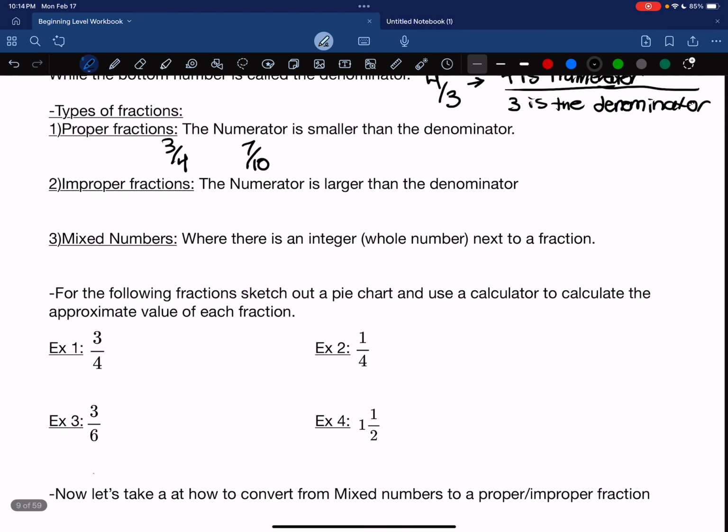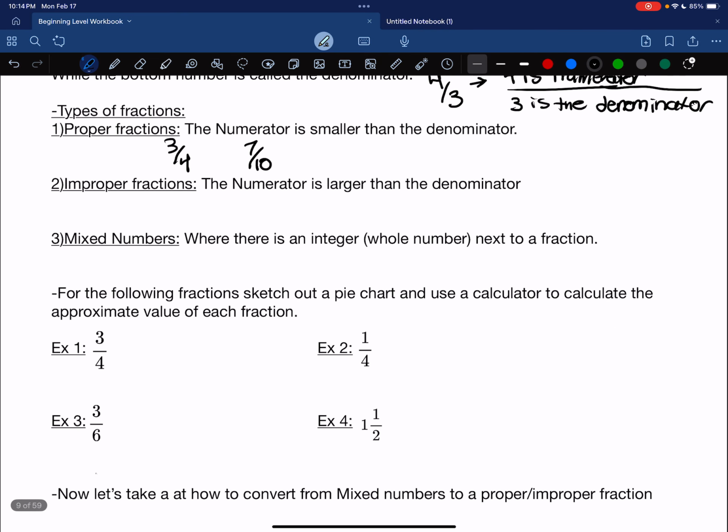Now looking at improper fractions, they are essentially the reverse of proper fractions. Improper fractions are when the numerator is larger than, or greater than, the denominator. So if we were to flip these two fractions, we would turn those into improper fractions.